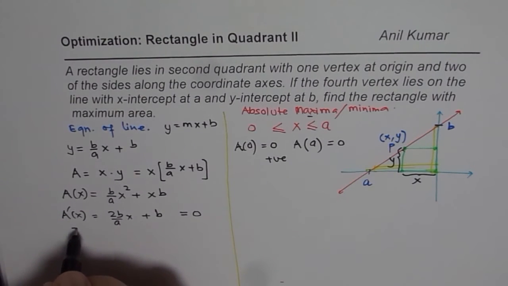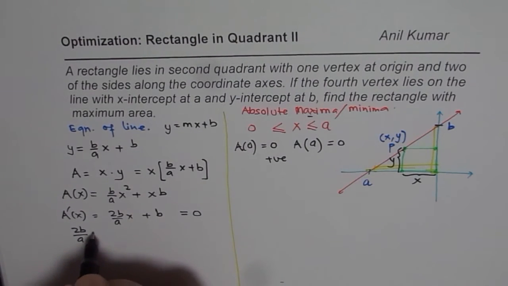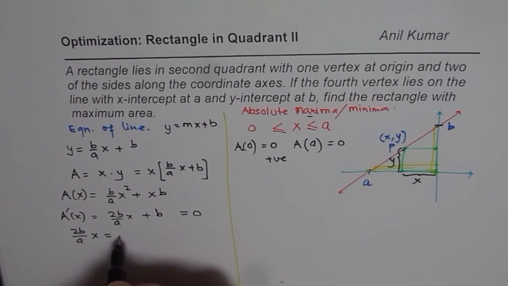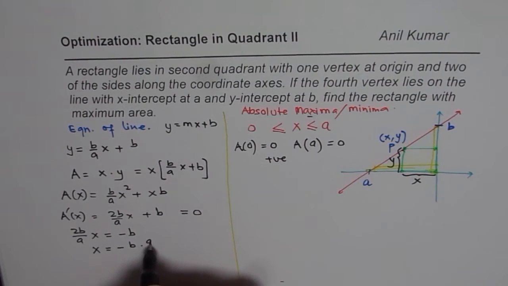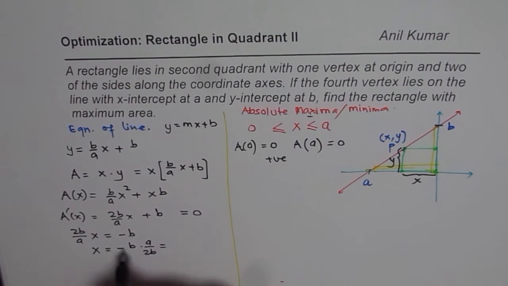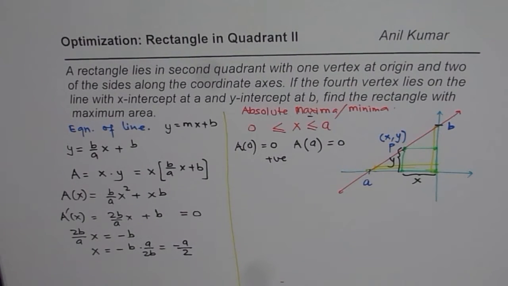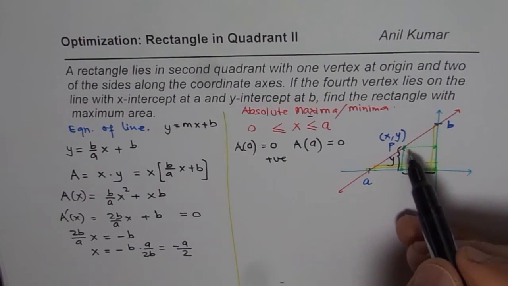That means 2b over a times x should be equal to minus b, or x is equal to minus b times a over 2b, right? That gives you minus a over 2. So that is the value of x. Since we are in quadrant 2, we are getting x values negative, correct?